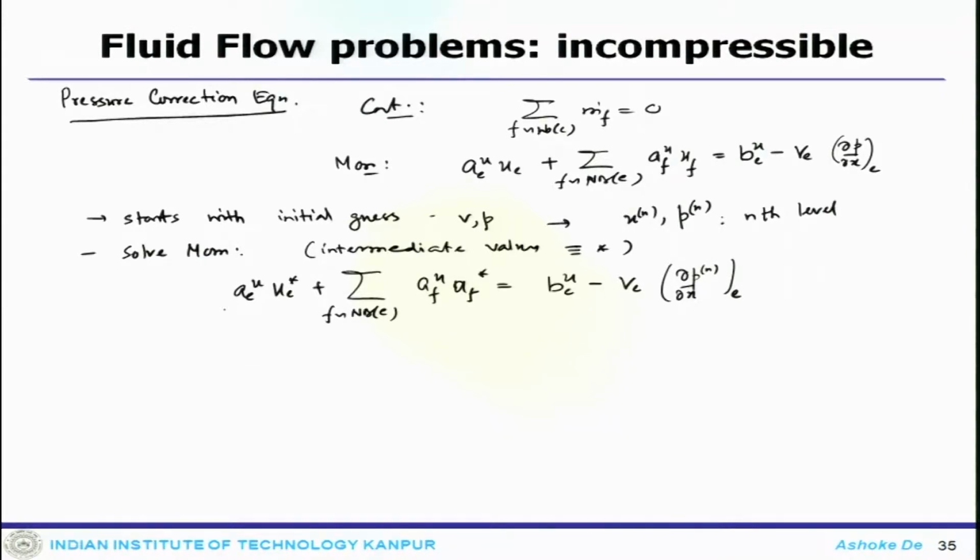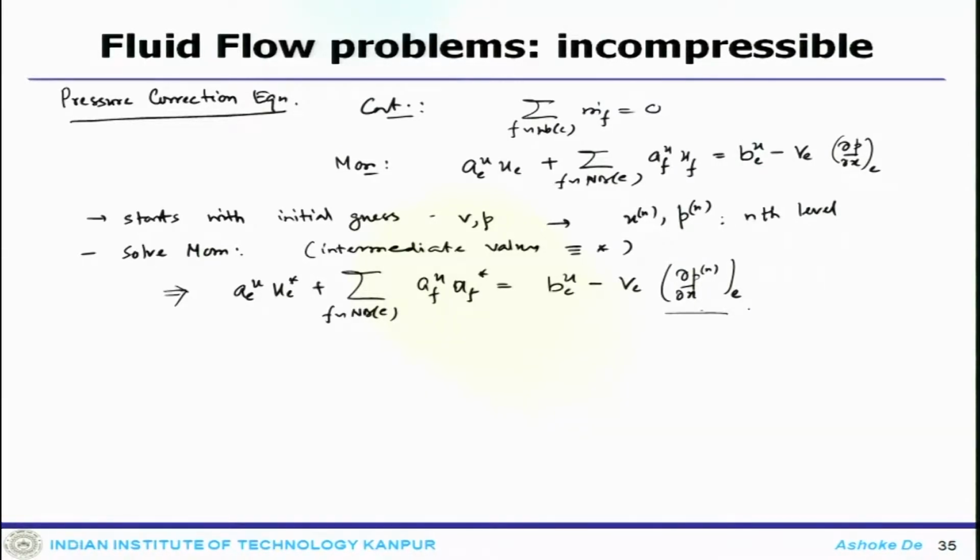So, in the intermediate calculation of the momentum field, you use the pressure value coming from the previous iteration, which is the nth iteration.